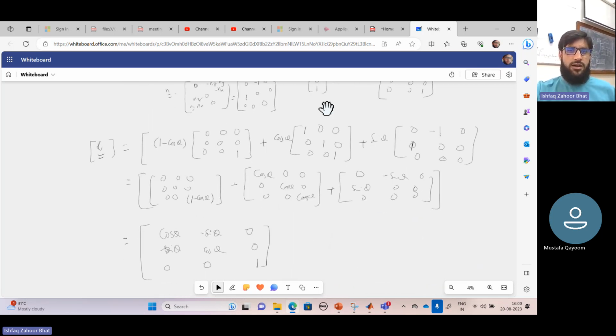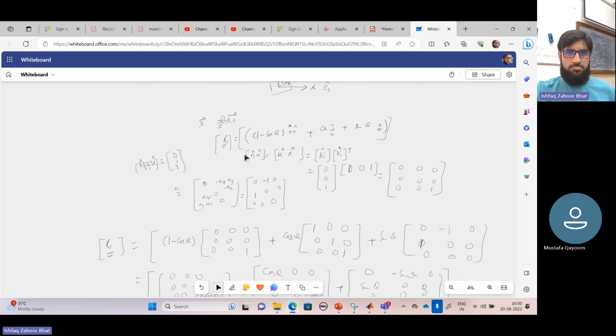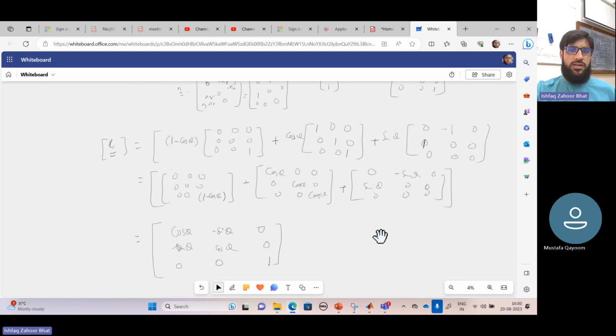That is why I did this exercise for you. Similarly, you can check the rotation about the x-axis and the y-axis, and you will get the rotation matrices along x, y, and z-axis also.